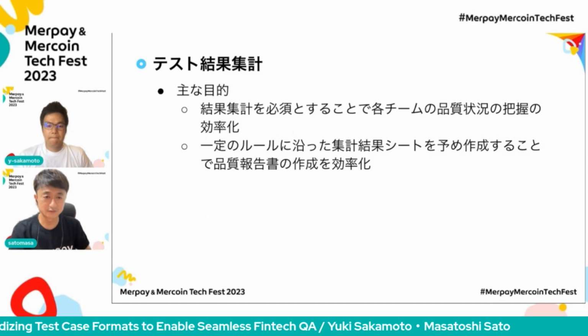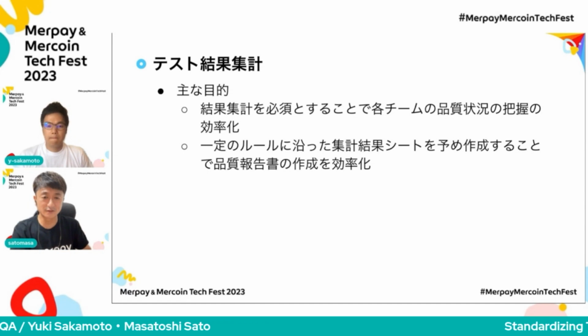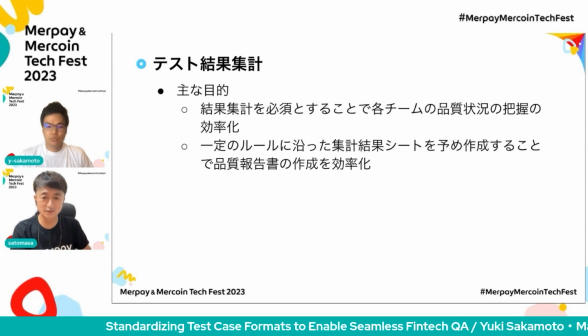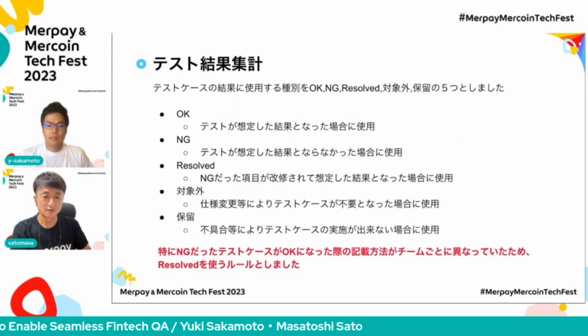Thank you very much. Next, I would like to talk about the test result aggregation. By making the test result aggregated, we were able to understand the quality situation for each team, and also by creating the aggregated result sheet beforehand, we are able to improve the efficiency of creating the report for quality.